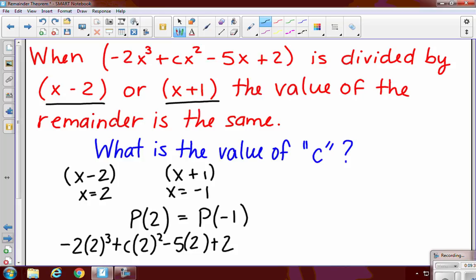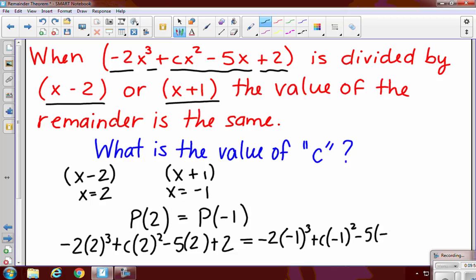That's evaluating this big polynomial up here at 2. And then it says that would equal the same thing if I took that same polynomial and put in a negative 1. So negative 1 cubed plus c times negative 1 squared minus 5 times negative 1 plus 2.